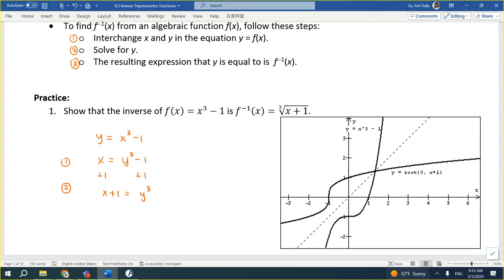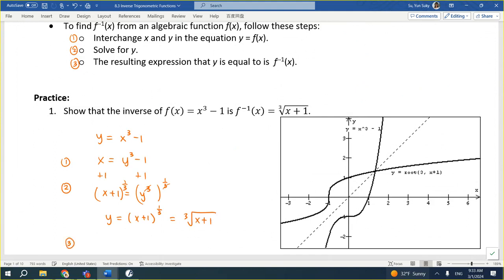So what is y? You want to take the cube root on both sides, so the cube and cube root cancel, right? So y is x plus 1 to the 1/3, which is the cube root of x plus 1.